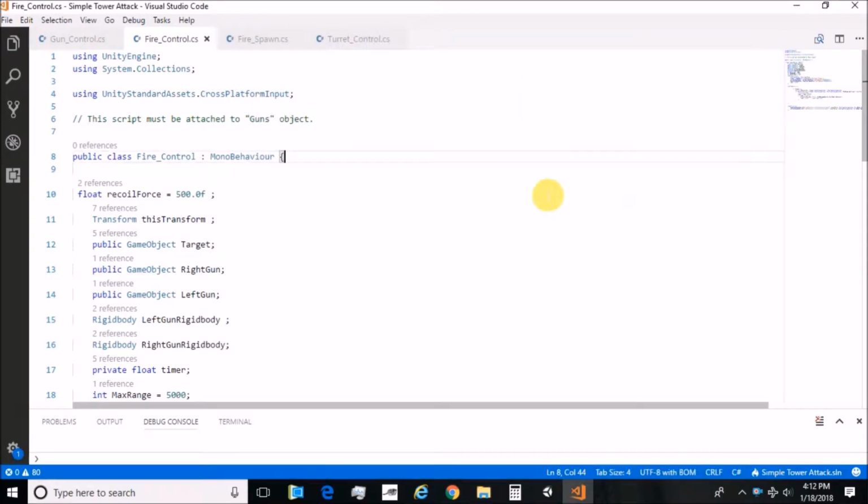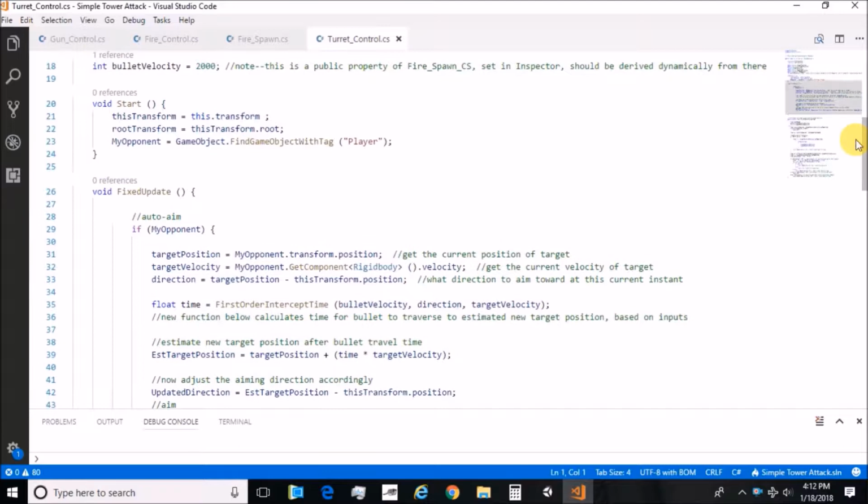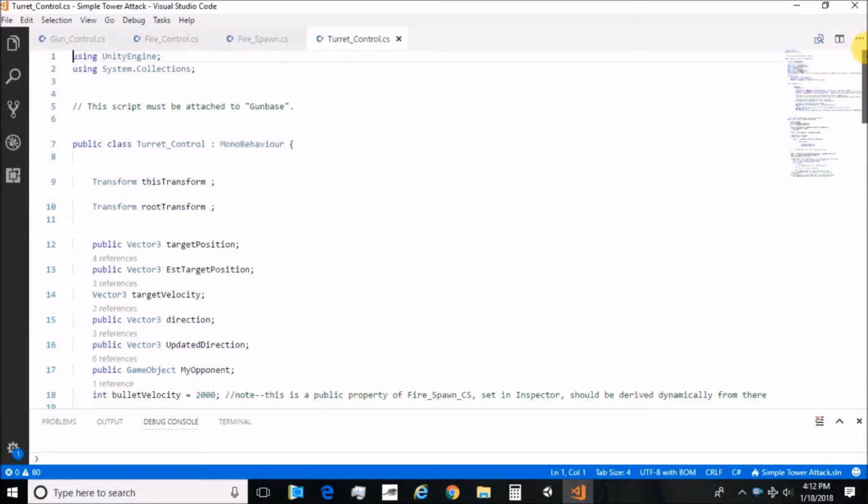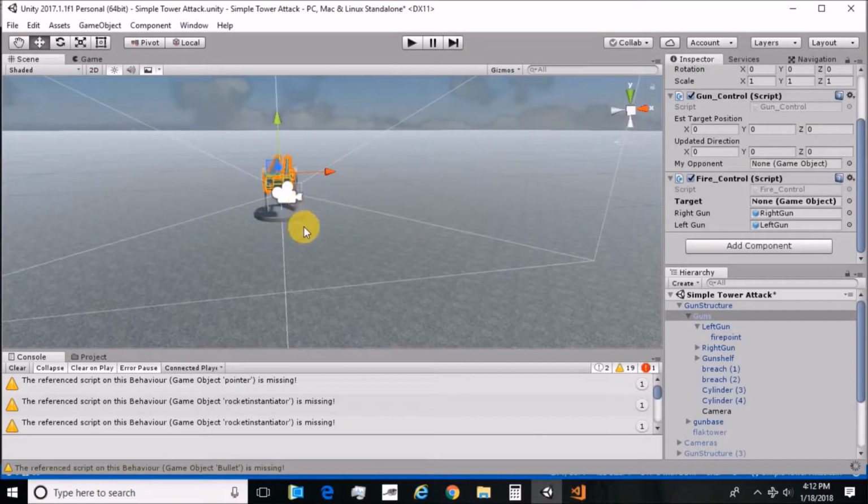So we begin our dive by looking at turret control, as we said, and this is going to be definitely the most complex of our scripts that are associated with the gun.